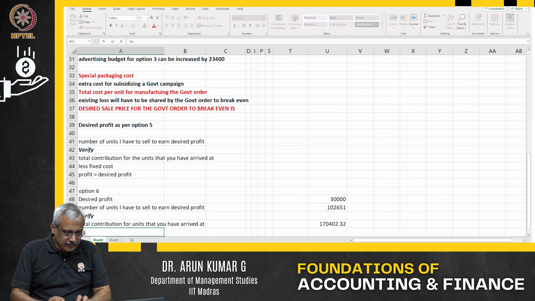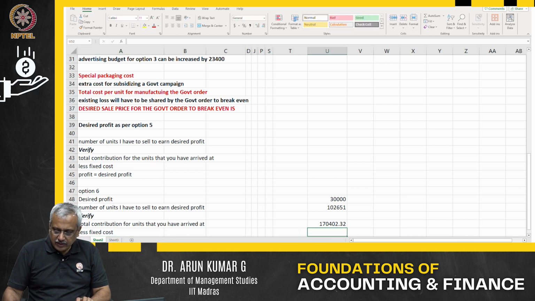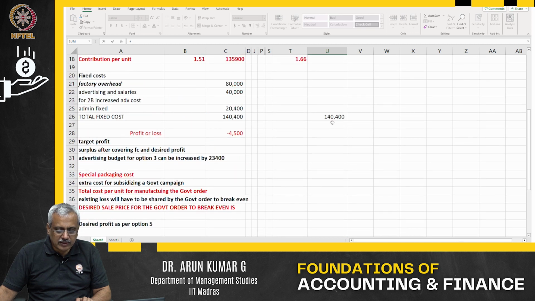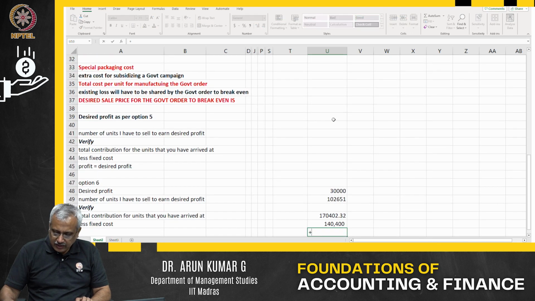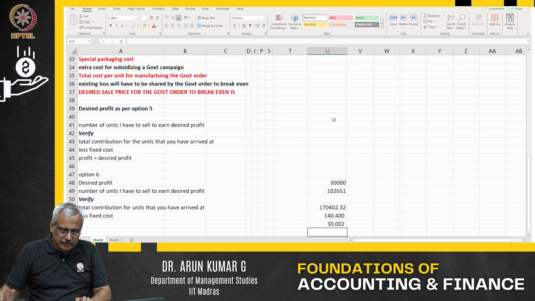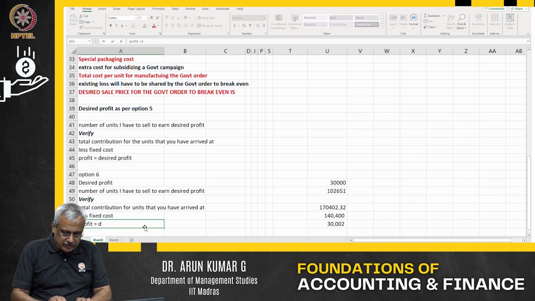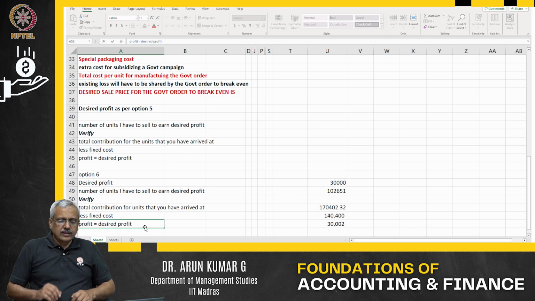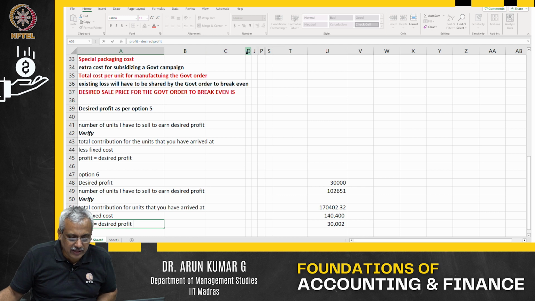Now less fixed cost. The fixed cost is out here, and that's going to be your desired profit. Desired profit equals desired profit. The small change you are getting is because of the decimals out there. That's all.